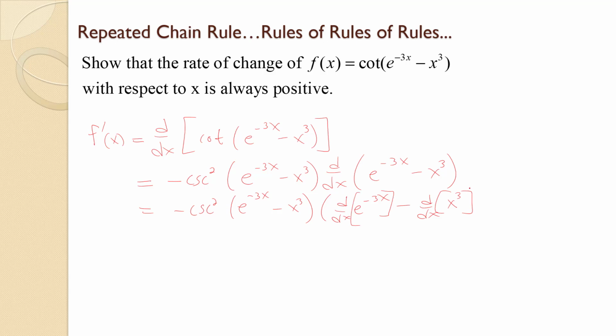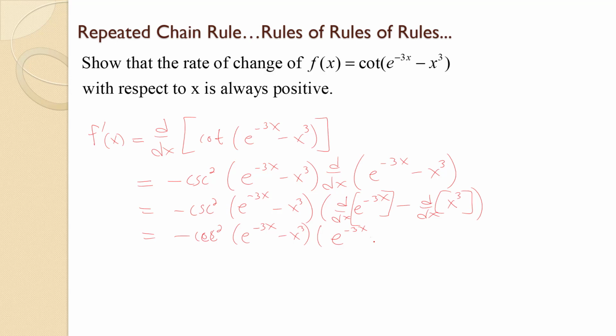But that first derivative, notice how I keep copying down the same thing over and over again at the beginning, because that stays there throughout this whole process. The derivative of e to the negative 3x, that's a composition. So I need the chain rule again. So the derivative of e to the u is e to the u, so that'd be e to the negative 3x. And then I tack on the derivative of the exponent, negative 3x.